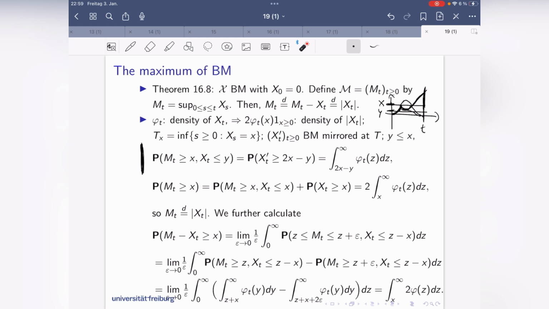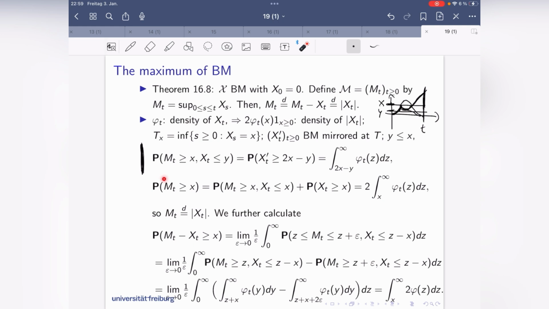Okay, but phi_t is the density of X_t, so when I want to compute this thing here, well, I integrate from 2x minus y to infinity over the density. Okay, that's as usual. But from this, I can say, well, M_t is bigger or equal than x. How can this arise? Well, okay, this equality only holds for y less than or equal to x.